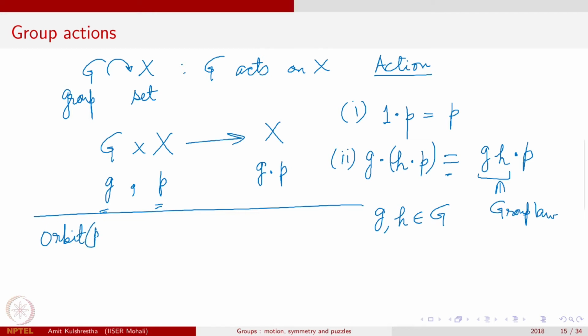Orbit of a point P, P is in X. What is orbit? Orbit is: start with P, and where all can P go under the influence of the group, G dot P such that g is in G, that is orbit.